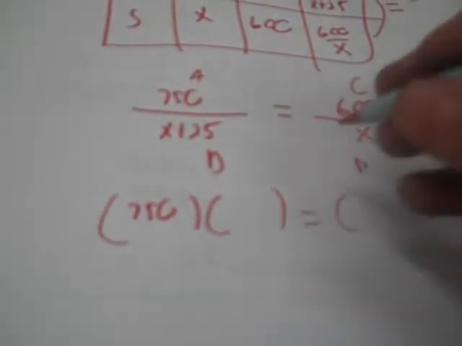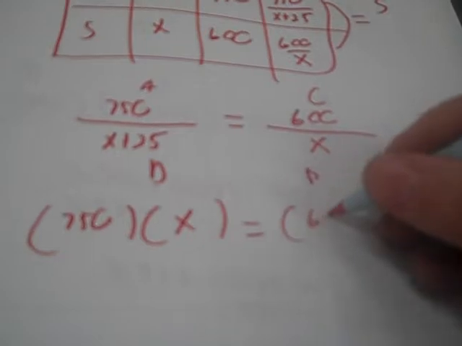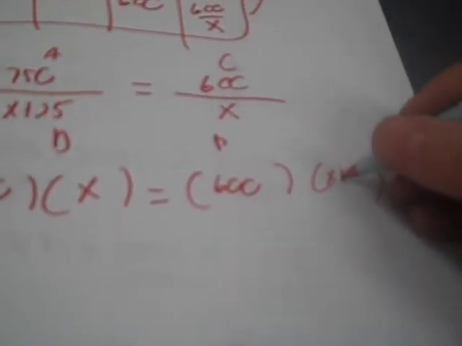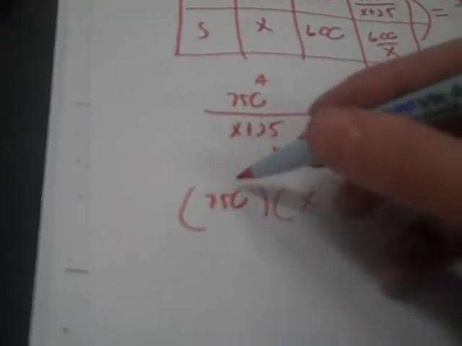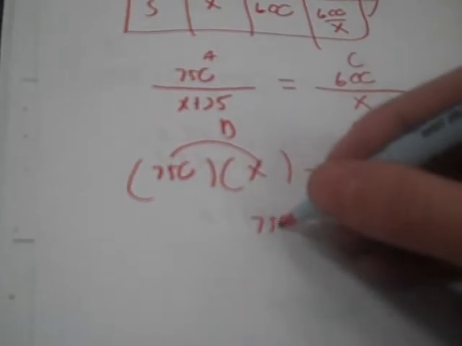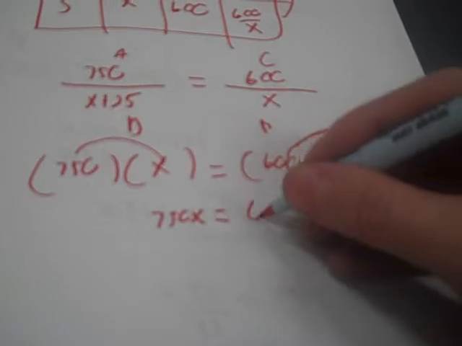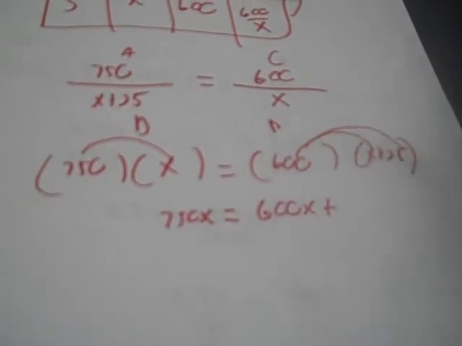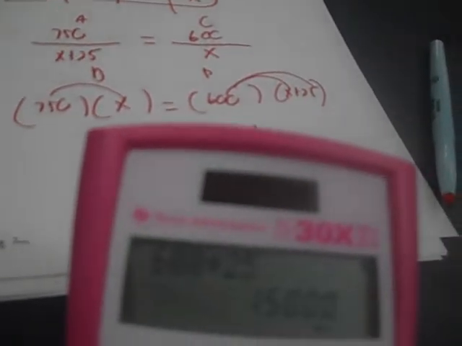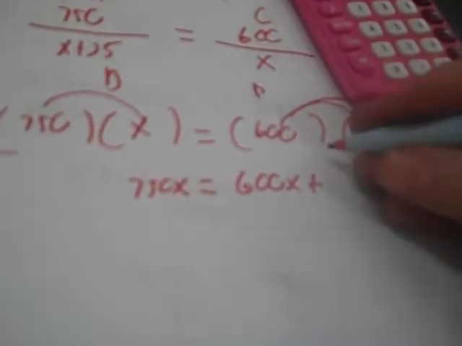Okay, so A is 750, B is x, C is 600, D is x plus 25. So that's 750x. That's going to be 600x plus whatever 600 times 25 is. 15,000.